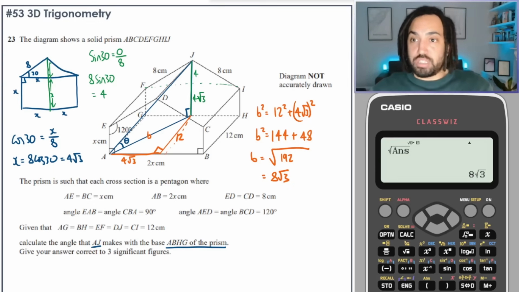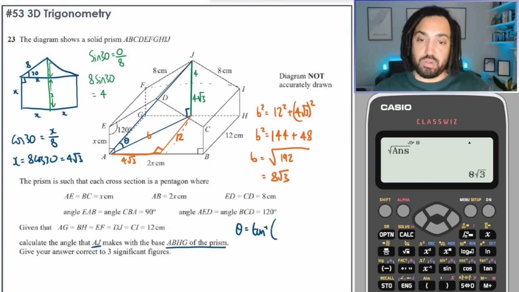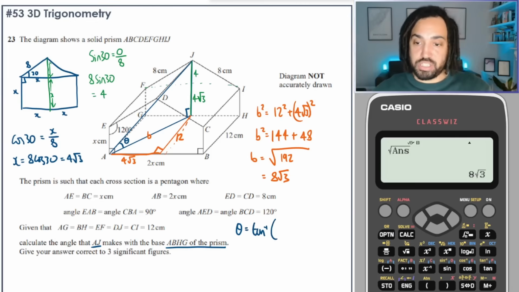Okay, right, I think we're good to find theta now. So theta is inverse tan of the opposite, which is 4 plus 4 root 3, over the adjacent, which is b, which is 8 root 3.